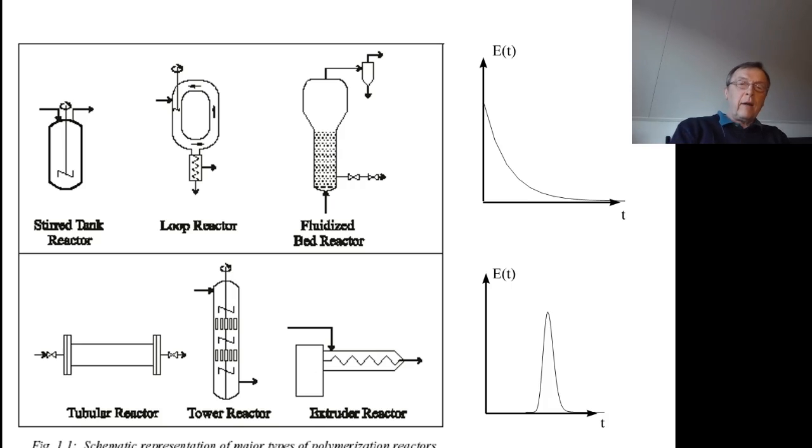There we can apply these stirred tank reactors or fluidized bed reactors for these reactions, and this is done in the case of the fluidized bed reactor for the gas phase polymerization of ethylene and propylene.